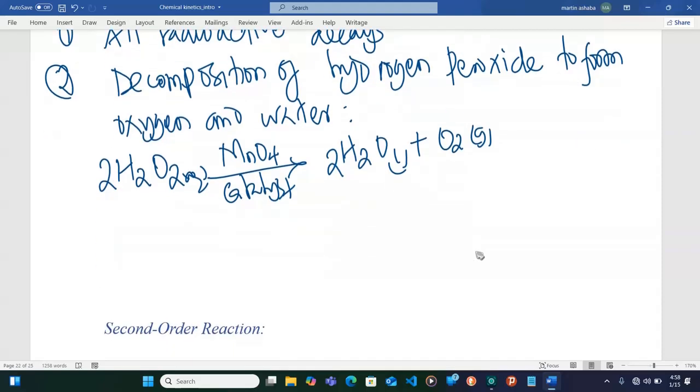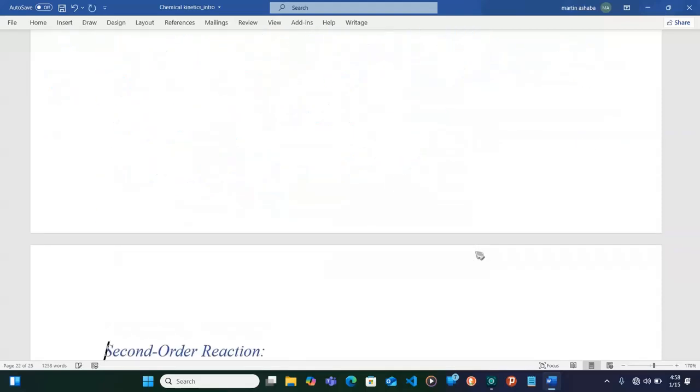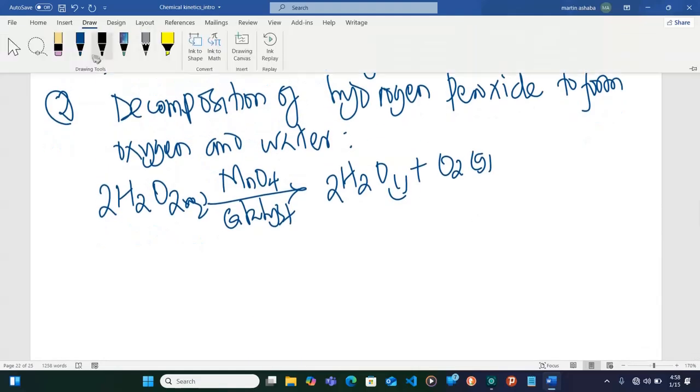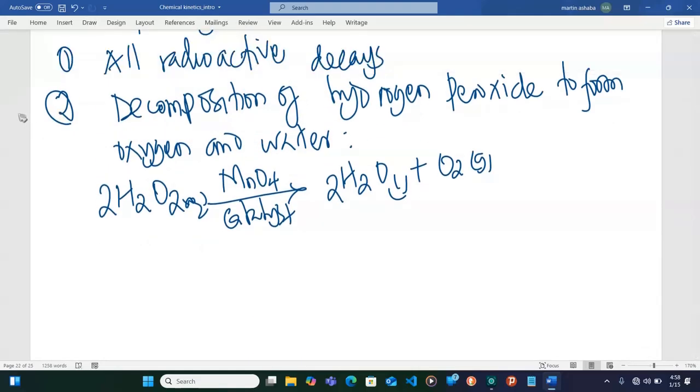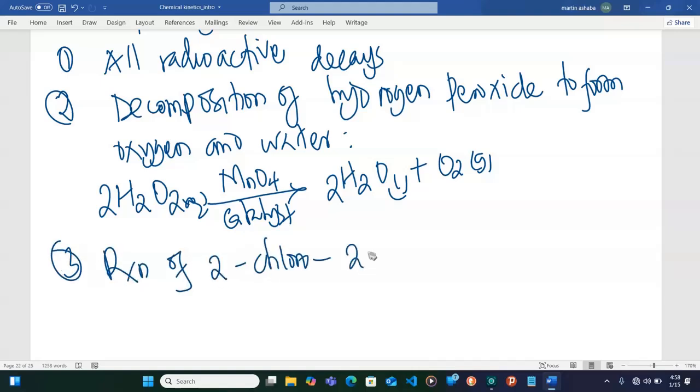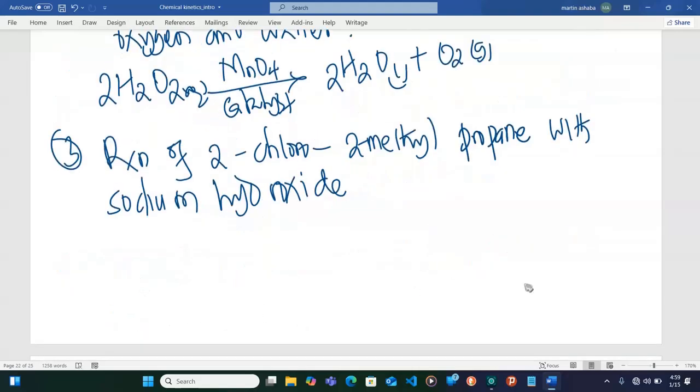The next example is the reaction of 2-chloro-2-methylpropane with sodium hydroxide. So this is going to react with the sodium hydroxide, and this is going to form.